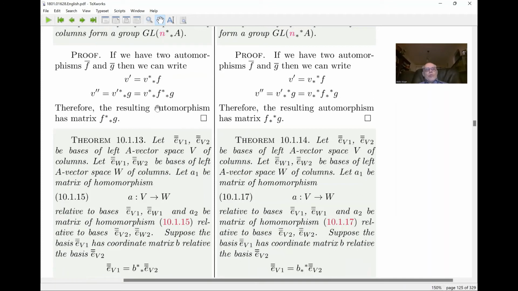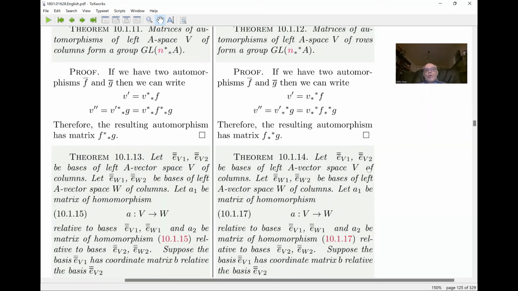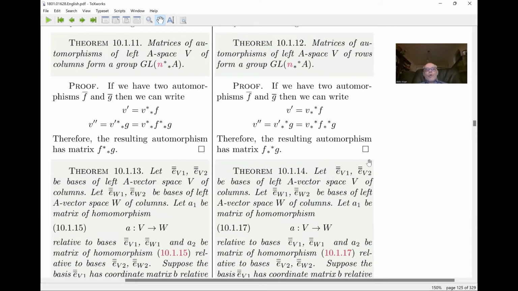Since the matrix of an automorphism is unique, we conclude that the product of these automorphisms has form F CR G. A similar theorem is true for a left vector space of rows.